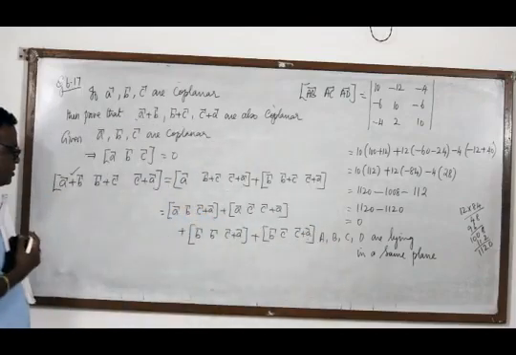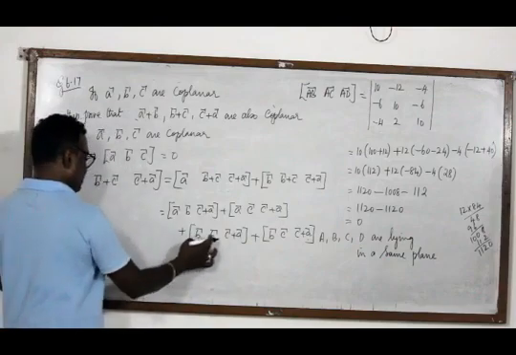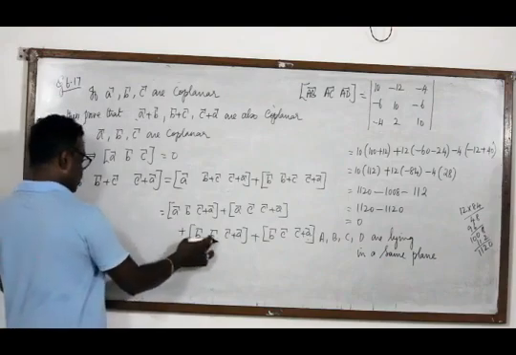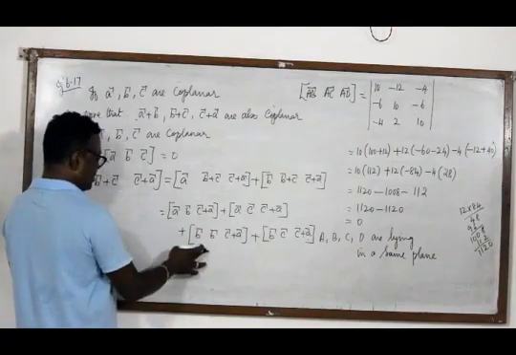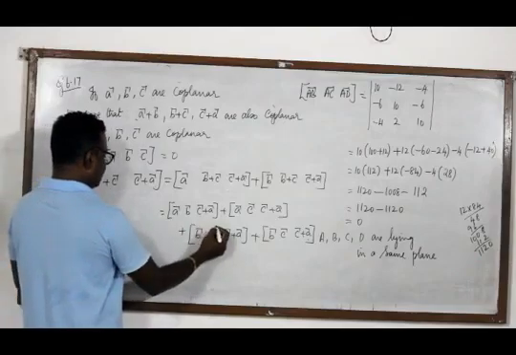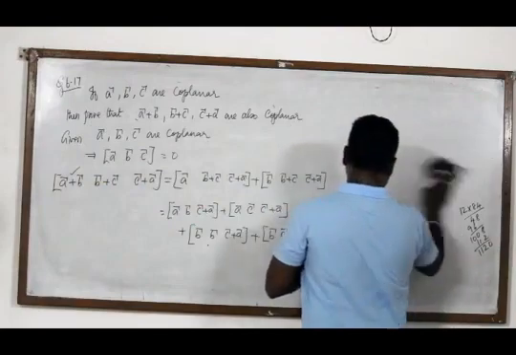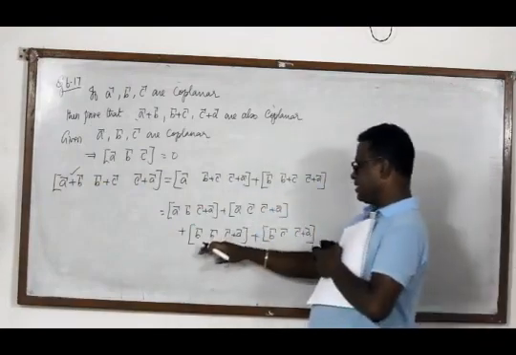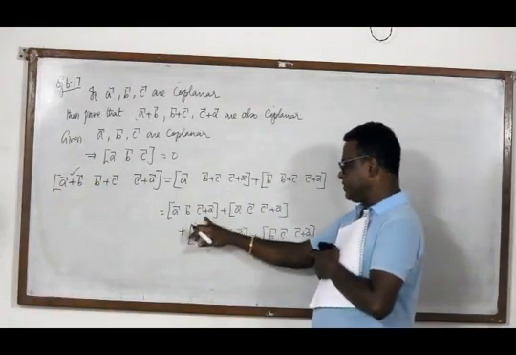Now, just to see only this box product, here B, B is repeated, isn't it? That means these two vectors are equal. If these two vectors are equal, parallel or collinear, the box product will become 0. So this box product becomes 0. With that in mind, we should go for partition of this one.